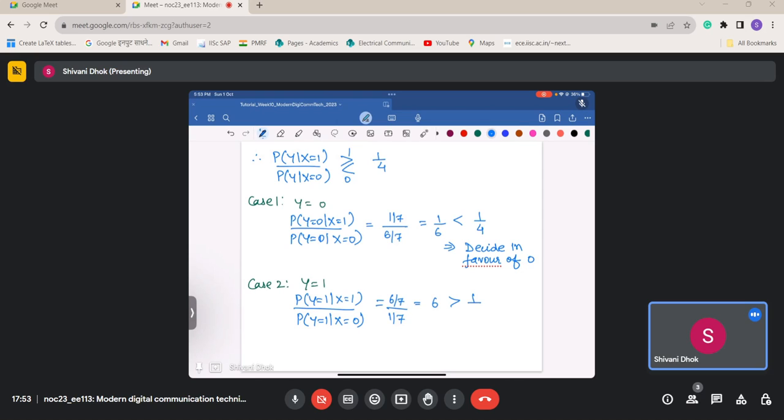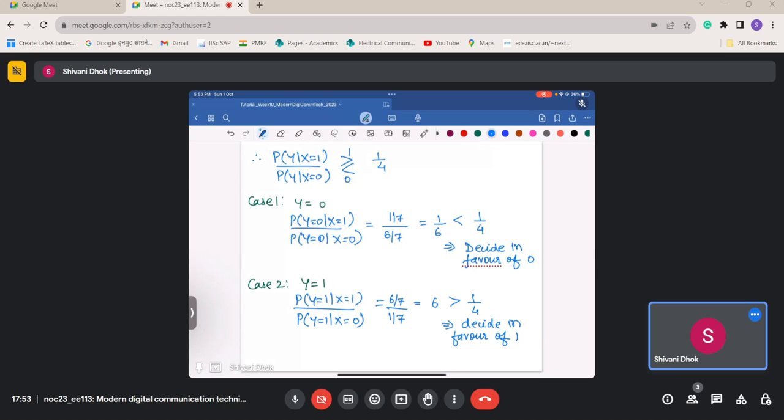This quantity is greater than 1 by 4, which means decide in favor of 1. What does it mean? If I am getting y equals 0, then decide that x equals 0 was transmitted. However, when y equals 1, decide that 1 was transmitted.